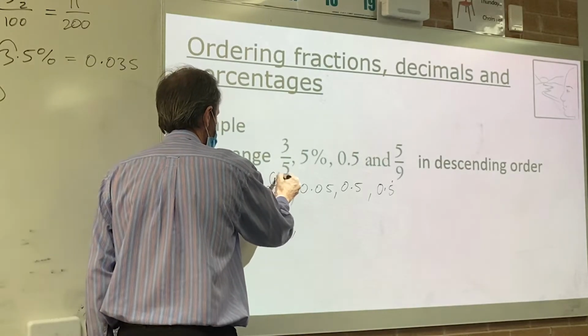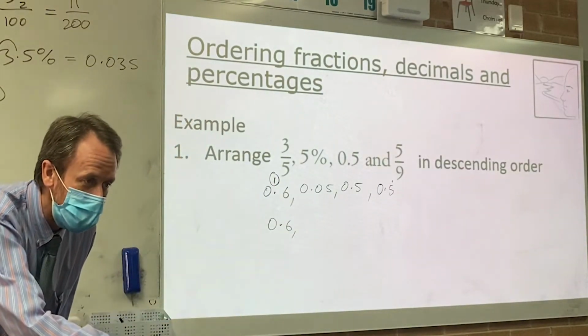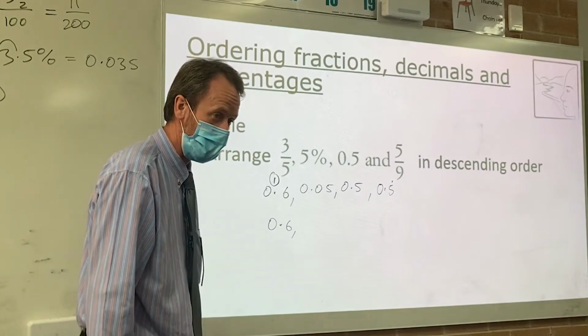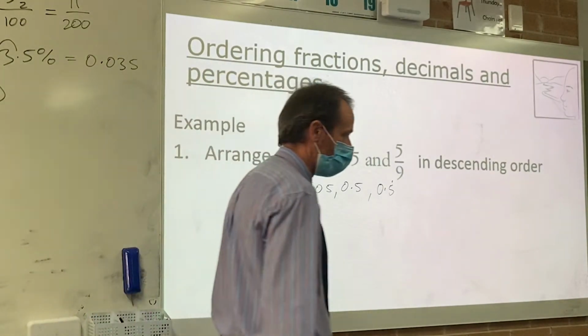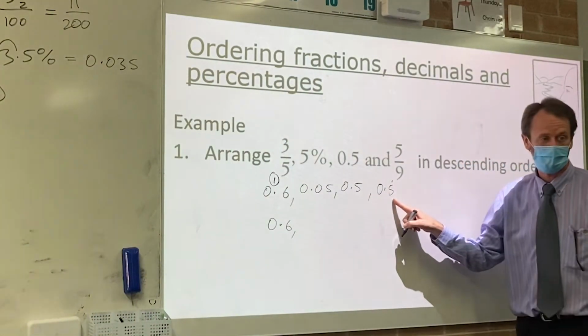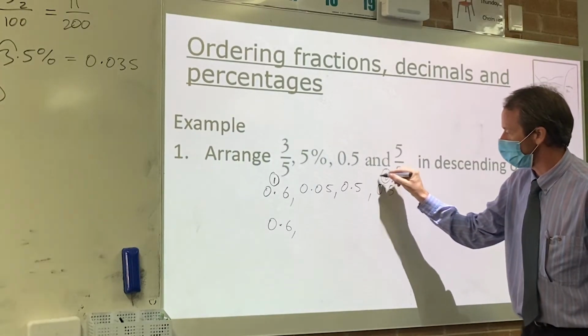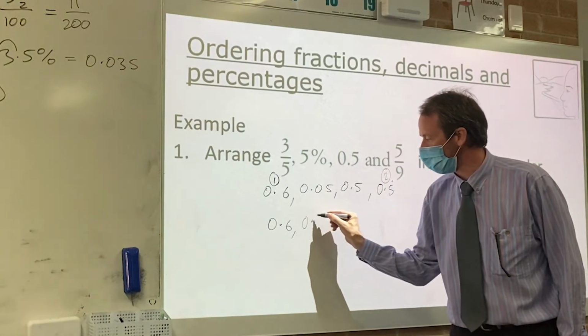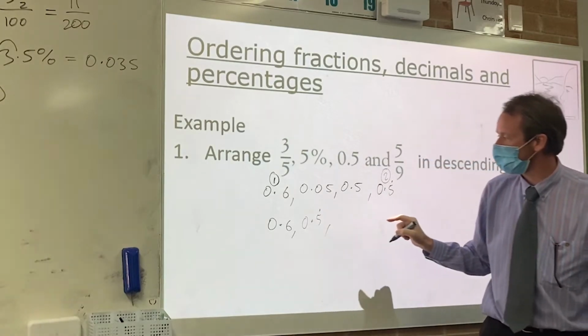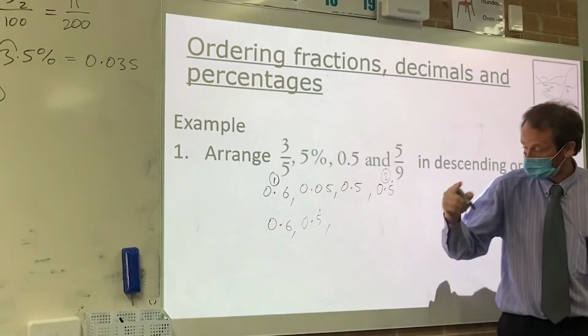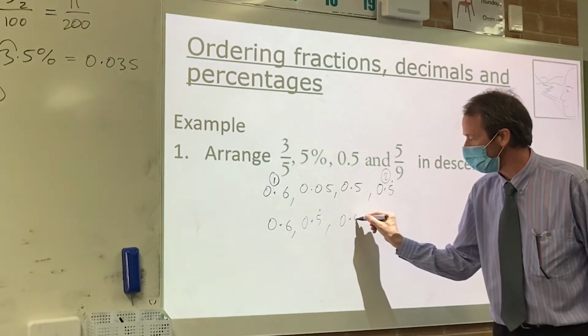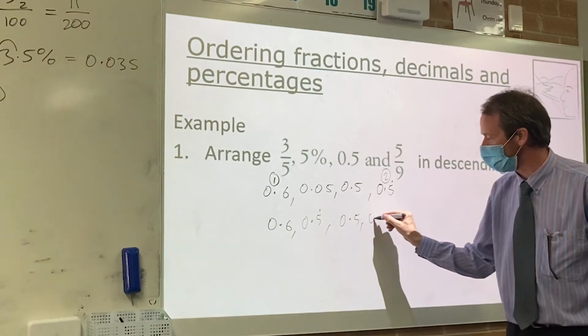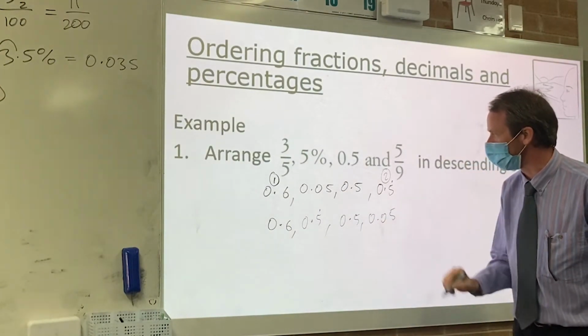That's number one. So then what's the next one? 0.5 repeater. Yeah. So that's the second one. What's the third one then? 0.5. Good work. Which means our fourth one, we've only got one left, 0.05.